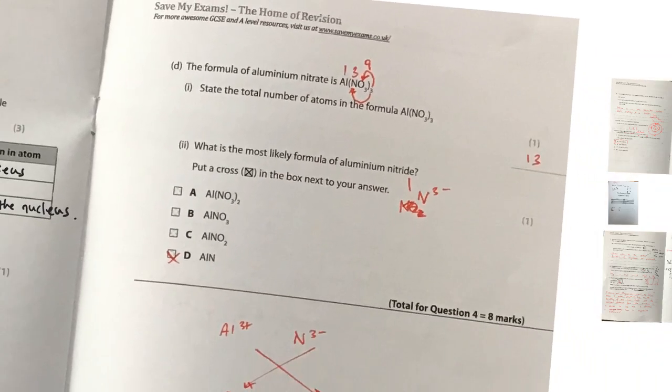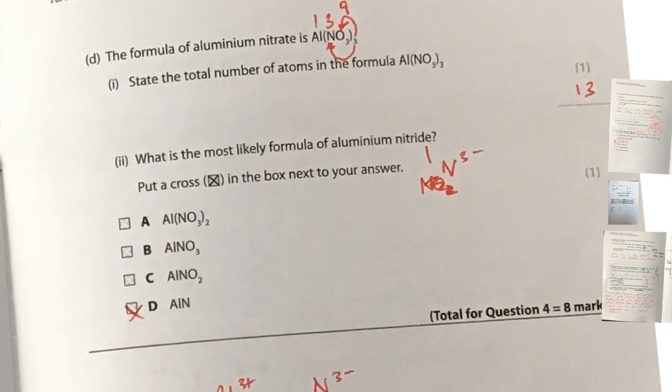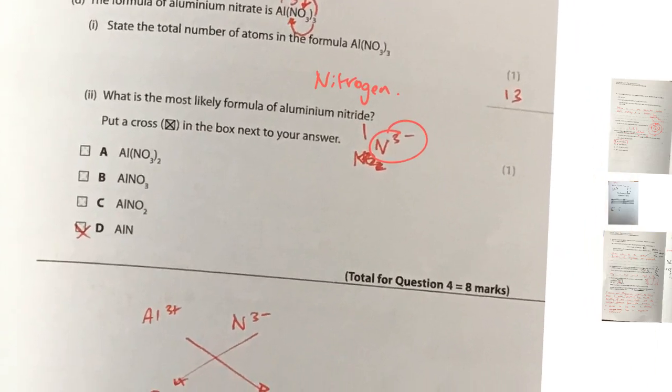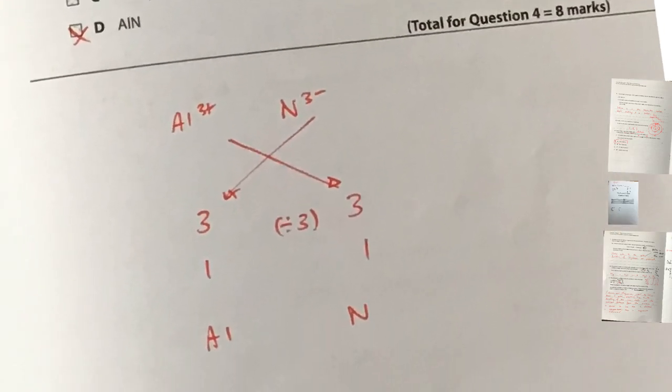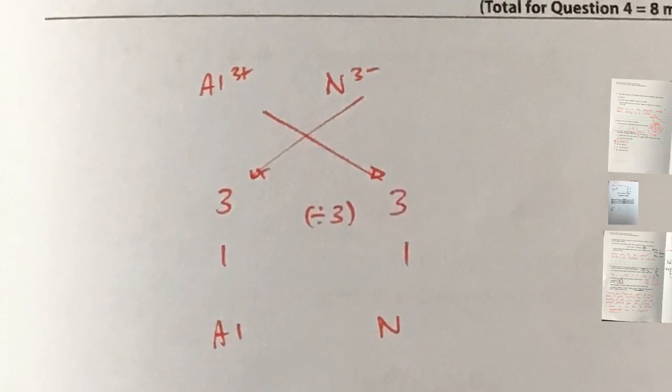What is the most likely formula of aluminium nitride? Now, nitride, it just means nitrogen on its own, okay? And nitrogen, as I have written there, forms an N3- ion. Now, aluminium, if we just go down here, I've done the crisscross method, it forms a 3+, and we've got a 3-. I'm going to crisscross, so I've got my 3 this side now, and my 3 this side.